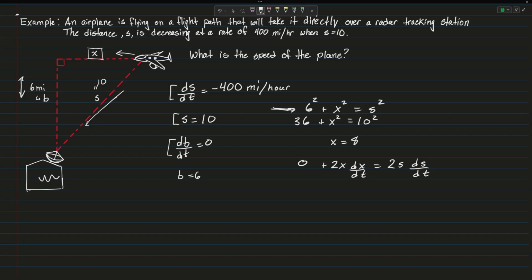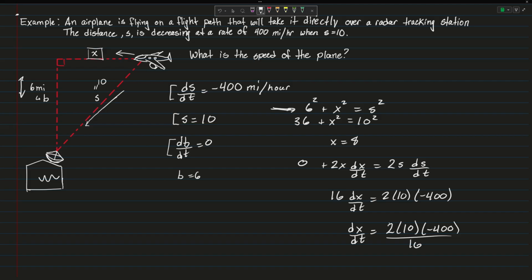So 2x, that's going to be 16 dx/dt equals 2 times 10 times negative 400. So dx/dt is equal to 2 times 10 times negative 400, all divided by 16.